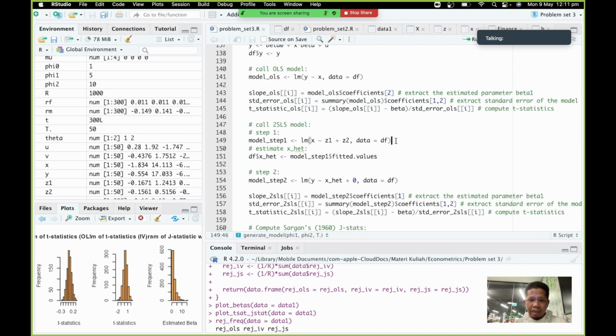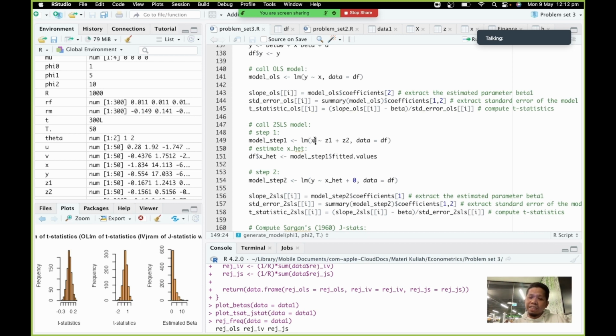And for the second model, we have the 2SLS model here, and we have to go through two steps. The first one is to define the regression model based on the second equation, which is the first step here, right?